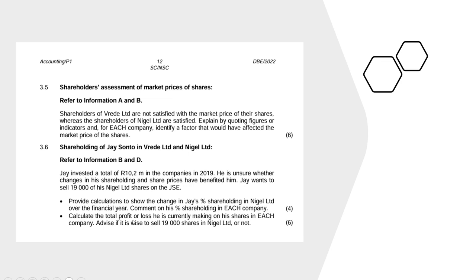You are required to calculate the total profit or loss he's currently making on his shares in each company and advise if it is wise to sell 19,000 shares in the company or not. So you are basically using the information presented to you in order to perform the calculation or respond to the question.